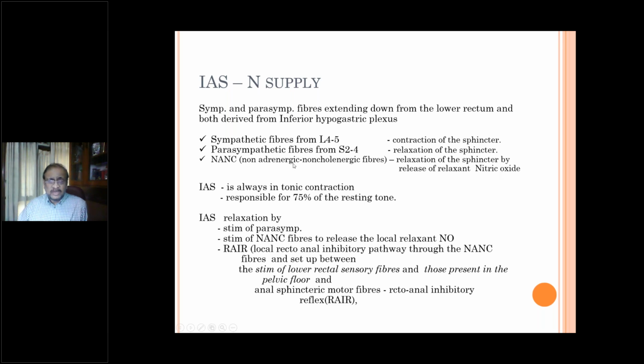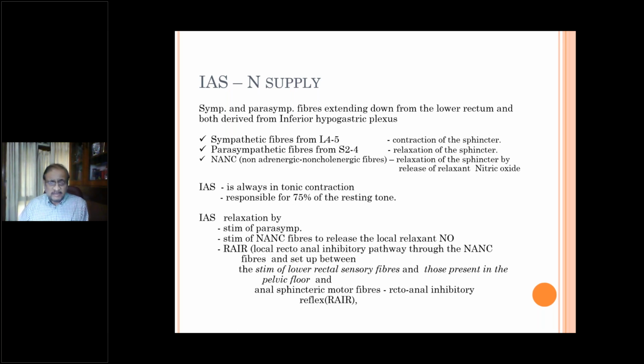So as soon as these two fibers are stimulated, the sphincter will relax. As it is, it's always in a tonic contraction, and is responsible for almost 75% of the resting tone of the anal canal, right? So 75% of the resting tone is mediated by the internal anal sphincter.